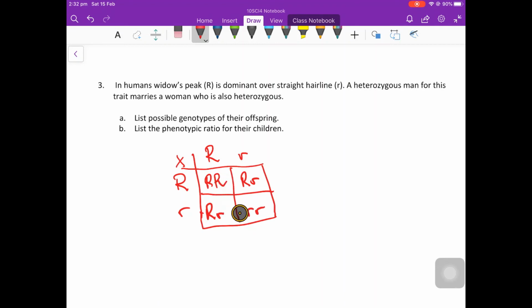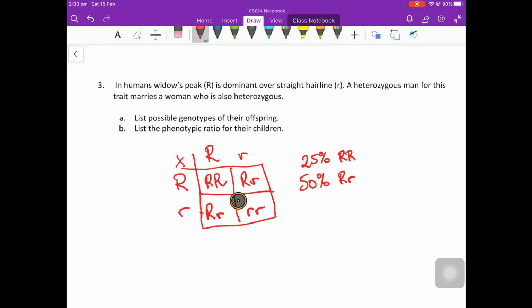So we got a little bit different offspring genotypes from the second question. And let's go through and work out, hey, what are we going to actually get in terms of genotypes? So I can see here each box is 25%. So I've got a 25% chance of it being capital R, capital R, this box. I've got a 50% chance of being heterozygous. So there's 25% here, and here's the second 25%. So 25 plus 25 is 50.